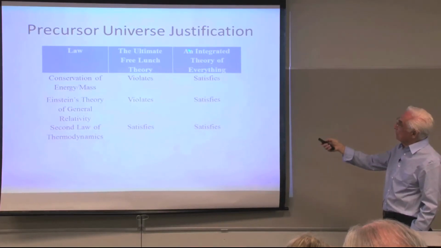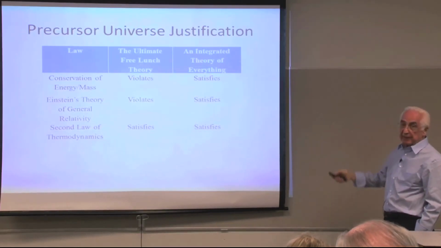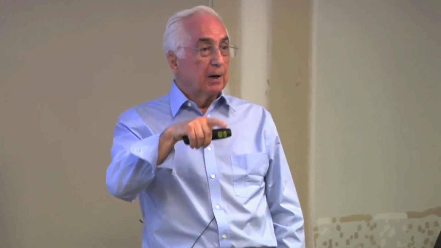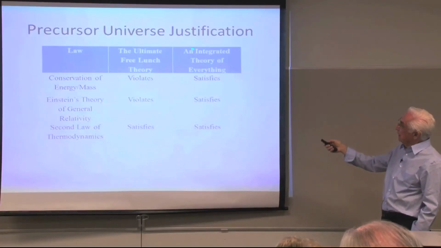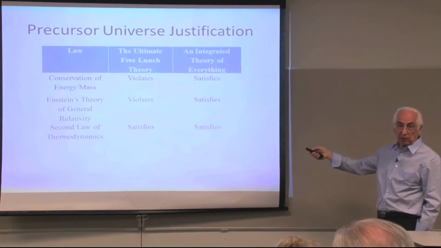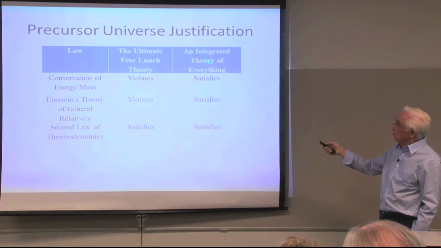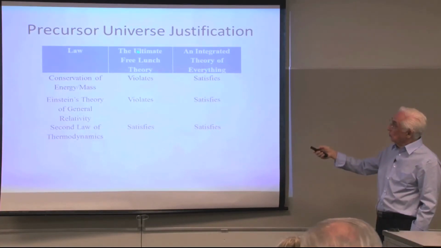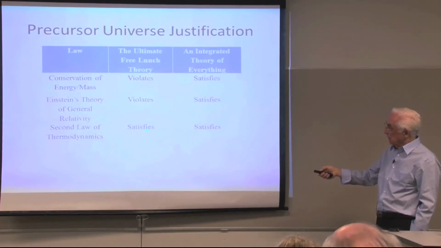And the third column is an integrated theory of everything. That's an alternative form of cosmology. And I'm proposing that an integrated theory of everything replace the ultimate free lunch theory, because an integrated theory of everything satisfies all 3 of those laws, whereas the ultimate free lunch satisfies only one.